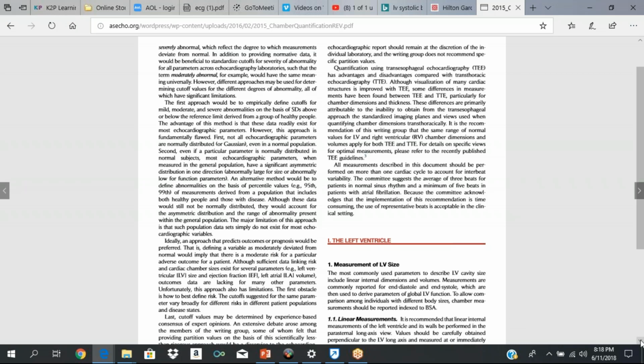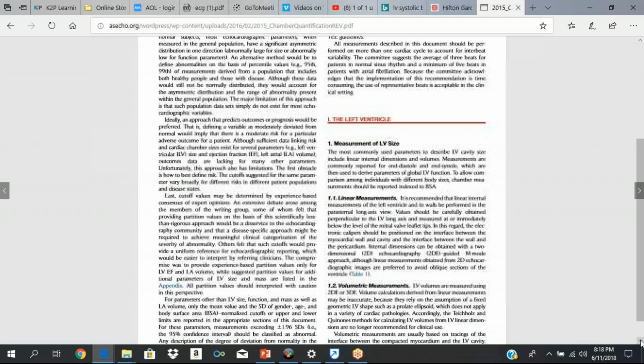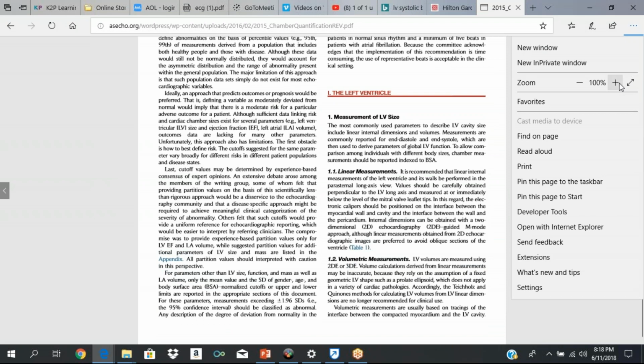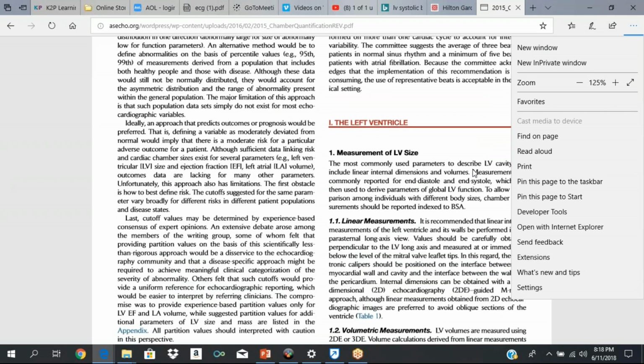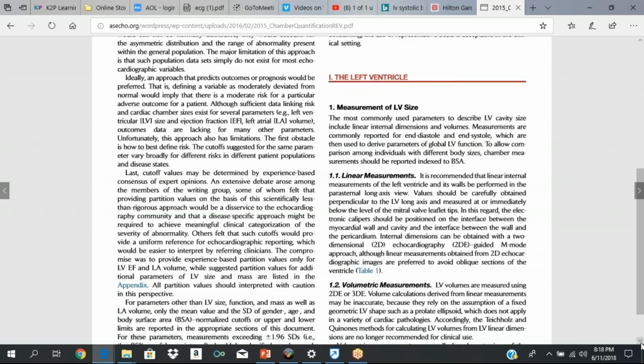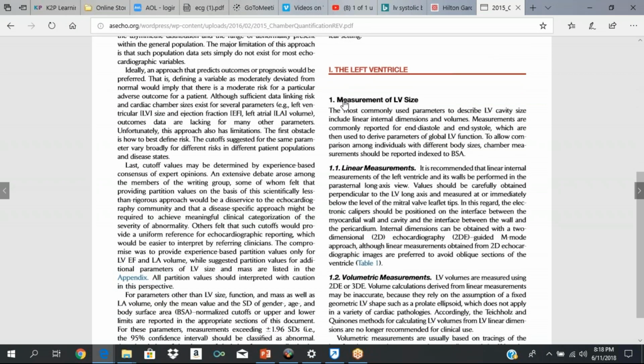All right. Let me make this a little bit larger. Okay, I think this is large enough. So when we look at the LV, the left ventricle, we're going to do measurement of the LV size.